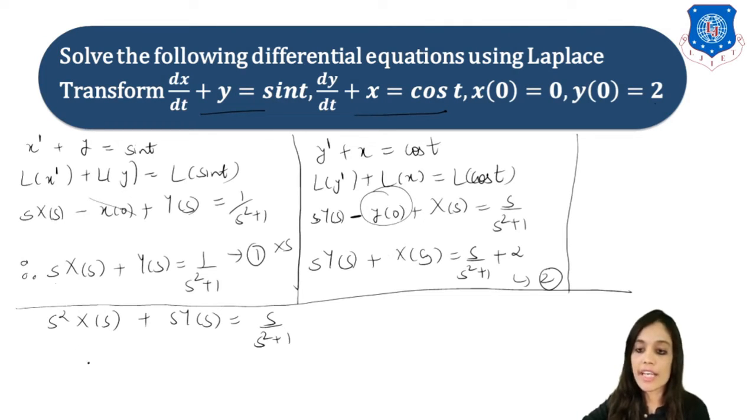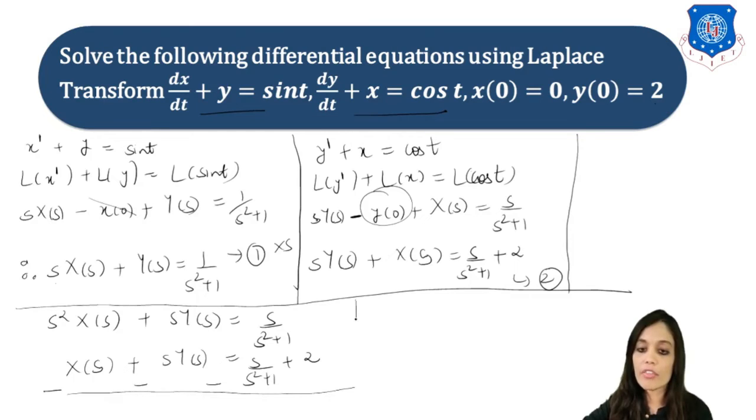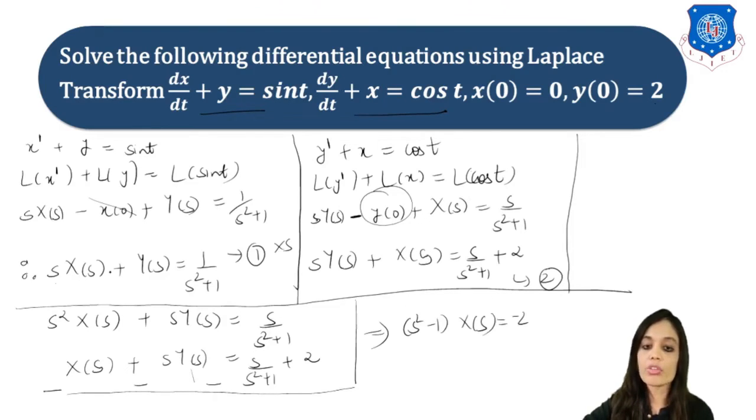So first I will write X(s), so X(s) plus sY(s) equals s upon s square plus 1 plus 2. Now let us subtract these two equations, right? So finally on subtraction, what I will get is s square minus 1 times X(s). This X(s) will get out common. These two will get cancelled out. This also will get cancelled out, equals minus 2, right?